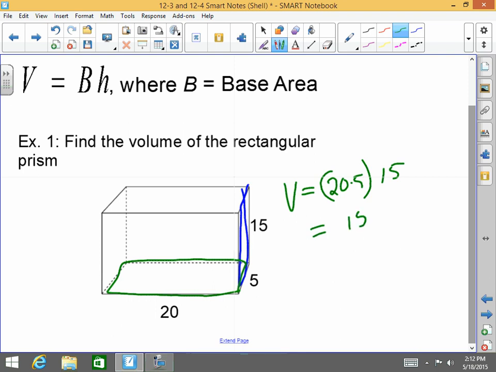So that's 1,500 units cubed. Because now I have 3 dimensions: a height, a width, and a depth, or a thickness. And that's what volume is, literally, for both prisms and cylinders. So it's really not that difficult. Yes, sir.